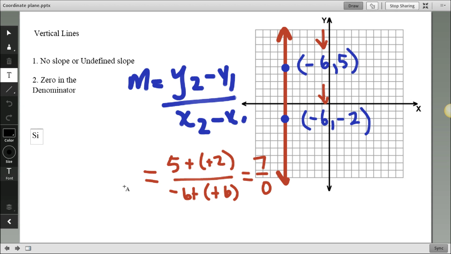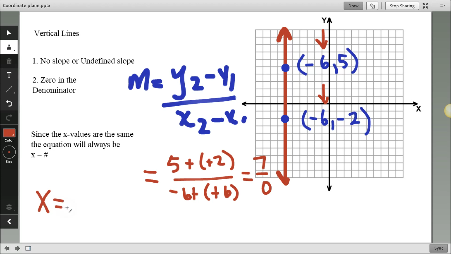So since the x values are the same, the equation will always be x equals a number. And in this case, if we wrote the equation for this line, what is the same thing? I've already pointed to it in red. It's negative 6. So the equation will be x equals negative 6.